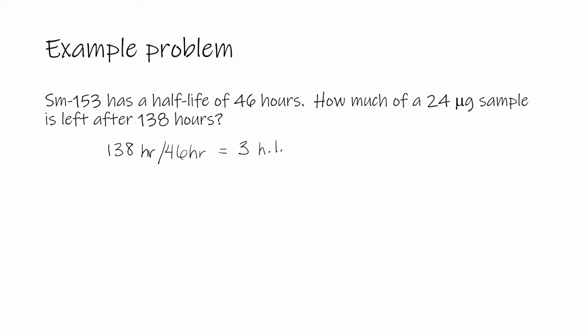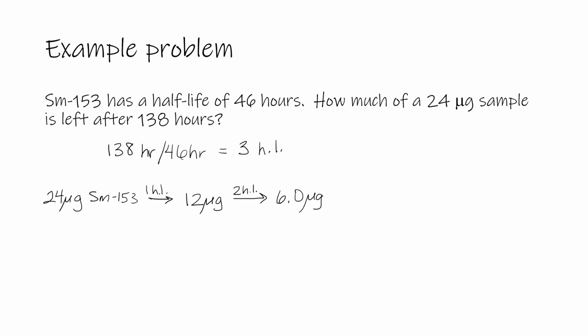So we're told that we have 24 micrograms of samarium 153. So after 1 half-life, we only have half of that sample left, so that means that we would have 12 micrograms left. After 2 half-lives, we would have half of that sample left, so that would be 6 micrograms.